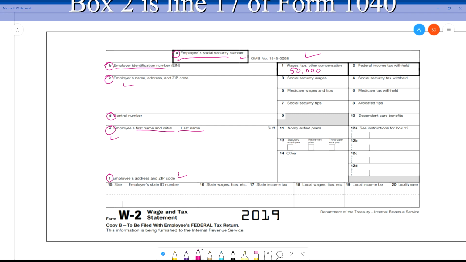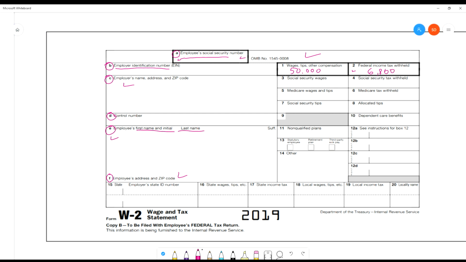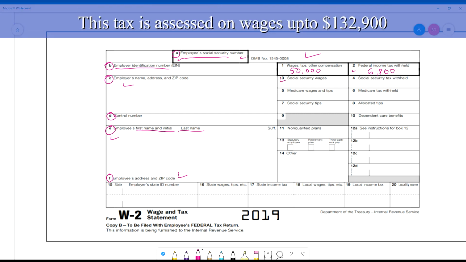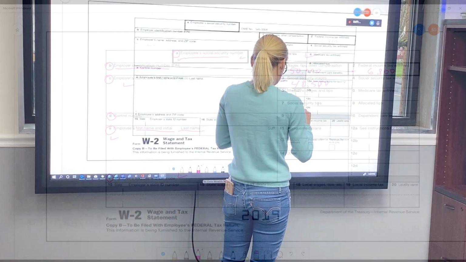Box number 2 shows you federal income tax withheld, and say it will be $6,800. Box number 3 shows you total wages subject to Social Security tax. It could be the same number as in box 1, could be different. Say in our case it will be different, $48,500. It doesn't have to be the same. Sometimes it could be less, sometimes more.